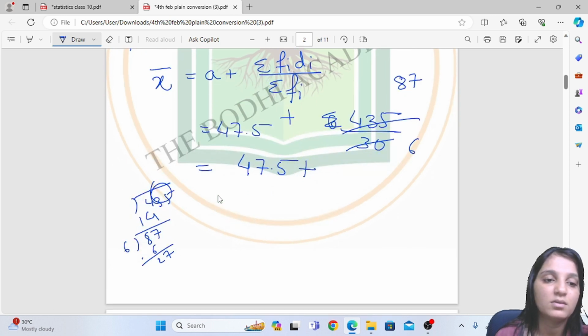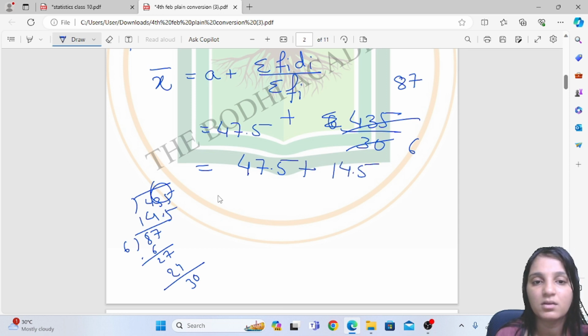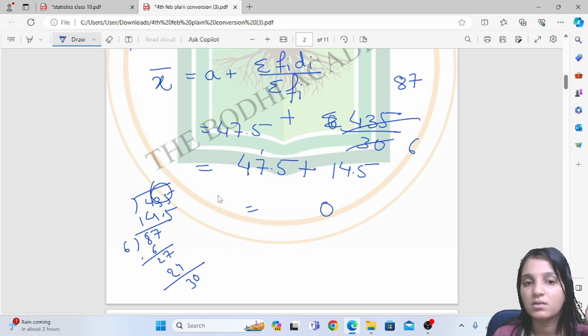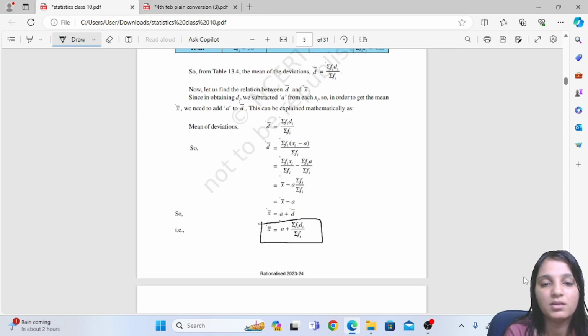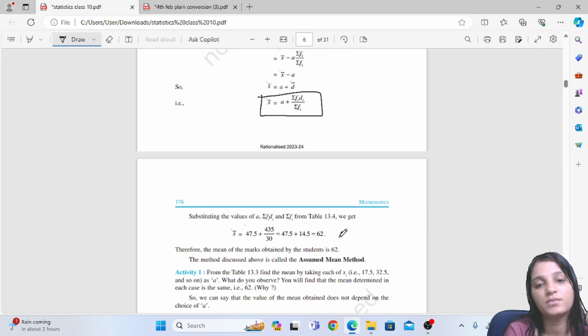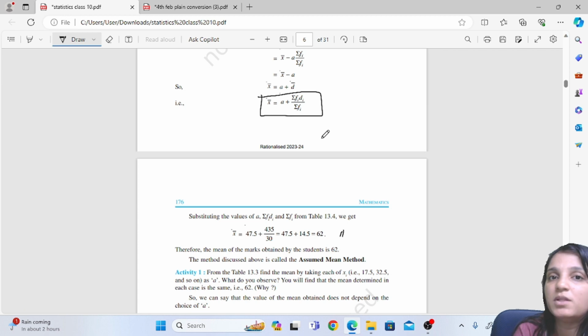Six 24, and then 14.5. So when you add, you will get 62.0, which is your mean. So this we saw, the assumed mean method.